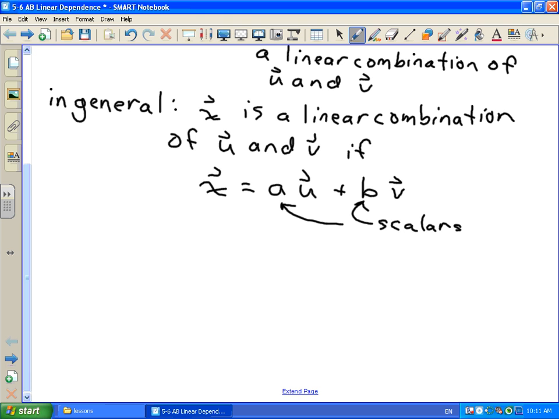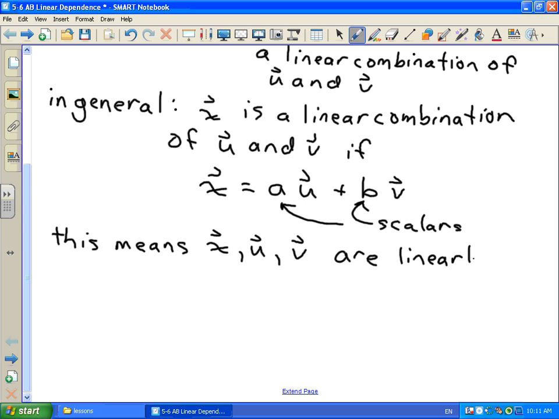Now this is another way of saying that x, u, and v are linearly dependent. And that's a term that the textbook is going to use a lot.